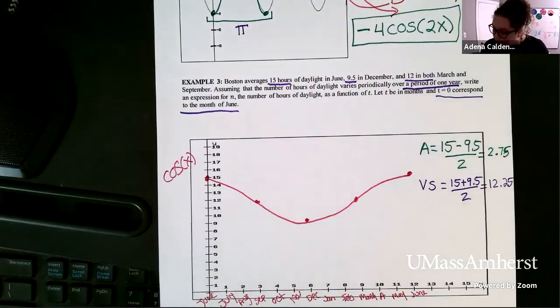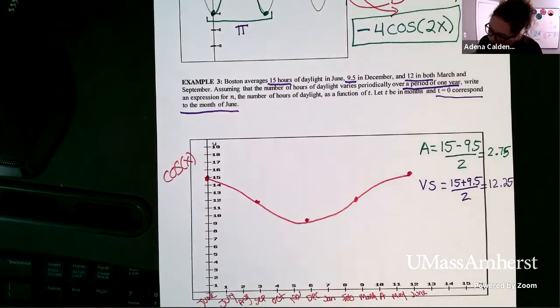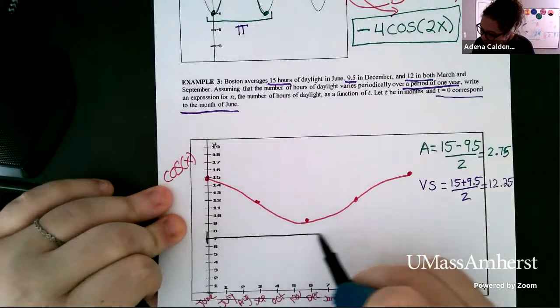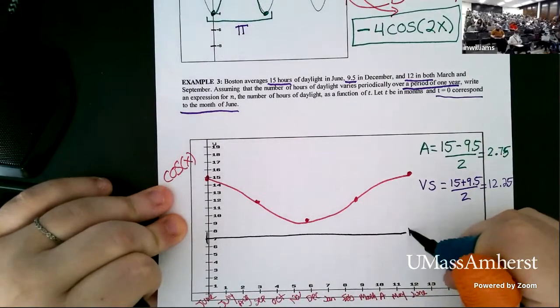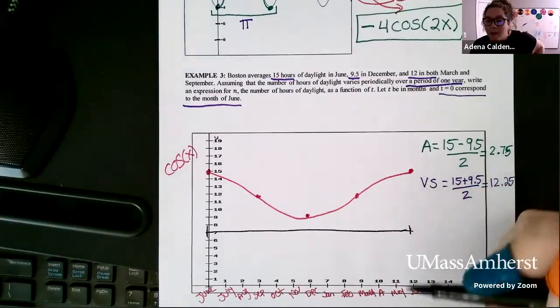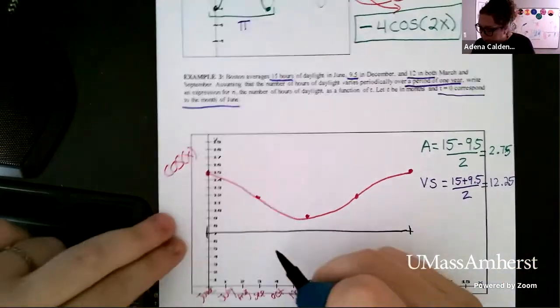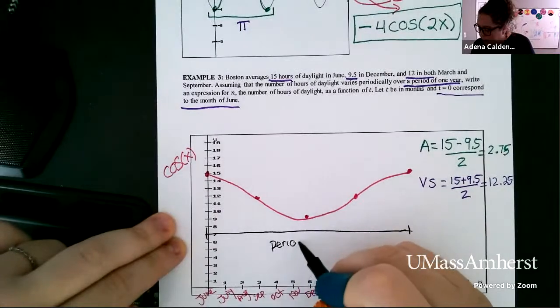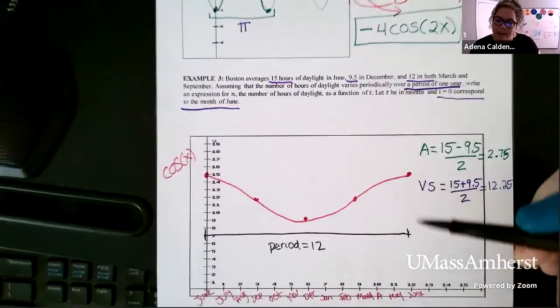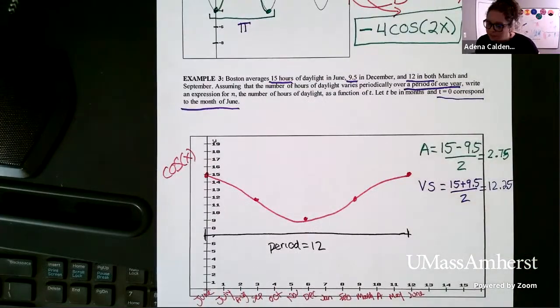And then I need to figure out the period. So here from my graph, I see that my period is 12 months because that's how long it takes for me to repeat. So my period here is 12, right? I'm not dealing in pi here because I'm actually dealing with the literal number of months.